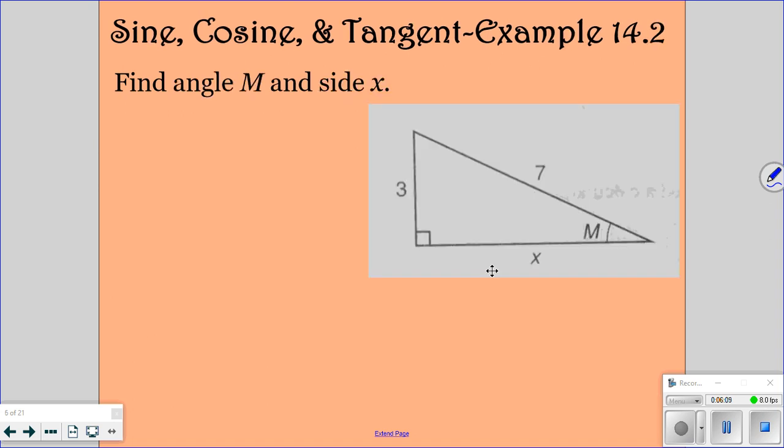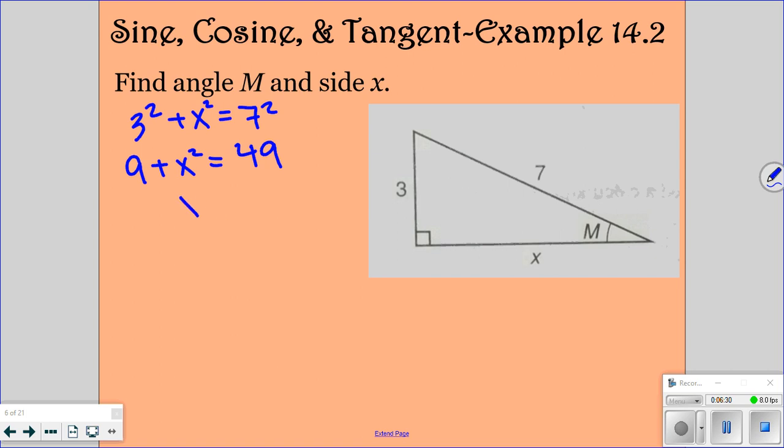Okay, so we're going to look at another example where we find angle M and side X. So we can start off by finding our side by using Pythagorean theorem. So 3 squared plus x squared equals 7 squared. So 9 plus x squared equals 49.